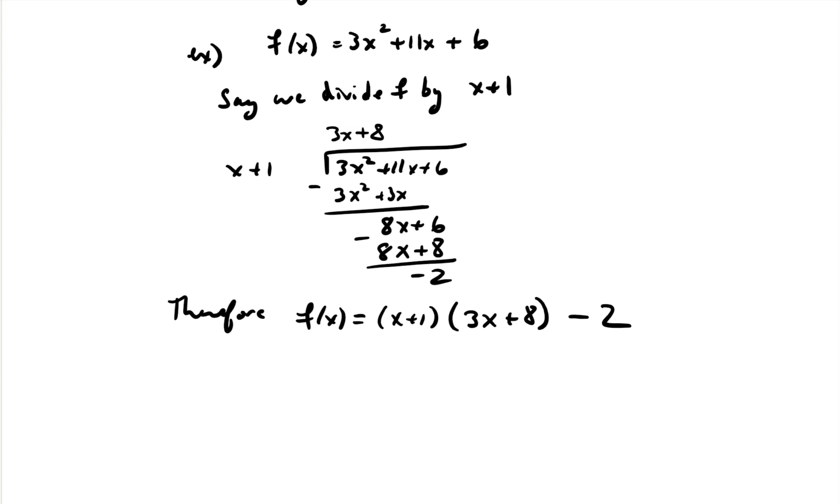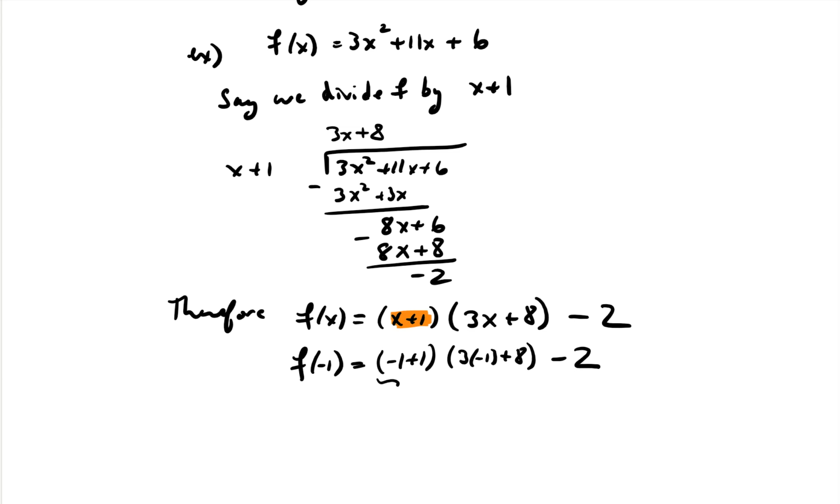Now there's a value that we can easily find that makes x plus 1 zero. And it's minus 1. So let's see what happens if we replace x by minus 1 in this expression. F of minus 1 is going to give us minus 1 plus 1, so clearly 0 here, times some other stuff that we don't care about, because multiplying by 0 will just give me 0, minus 2.